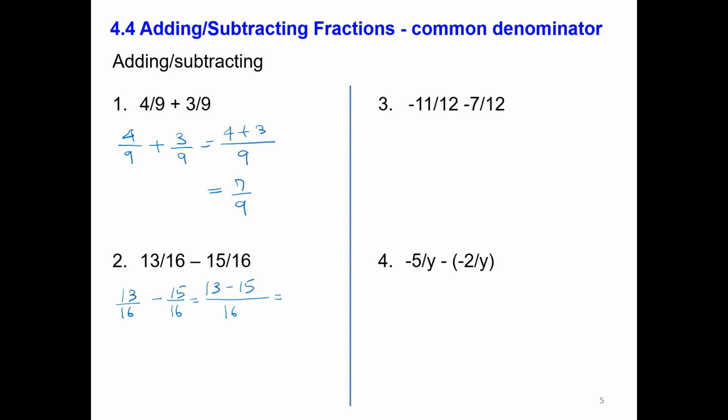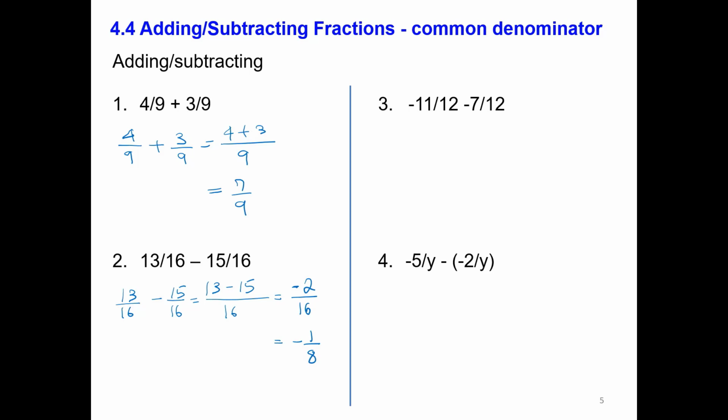We have different signs, positive and negative, so we have to subtract the numbers. It will be 2. 15 is the larger number, so the answer is negative. Then it's negative 2 over 16, and we can reduce this fraction. If we divide by 2, we will have negative 1 over 8.